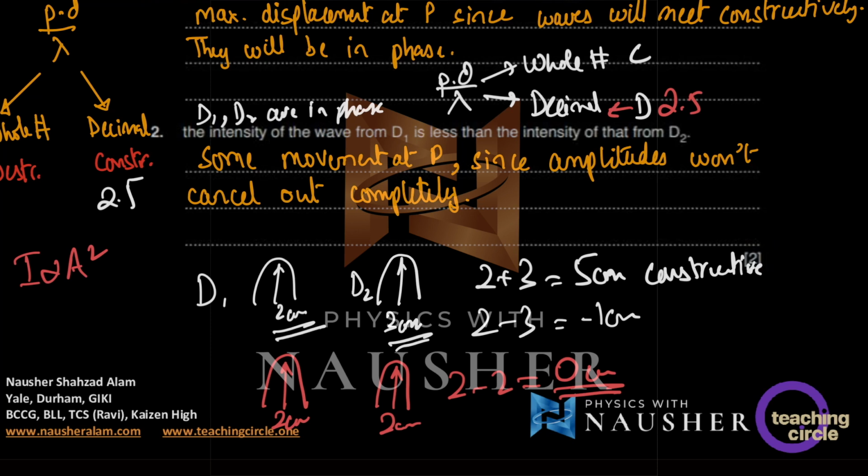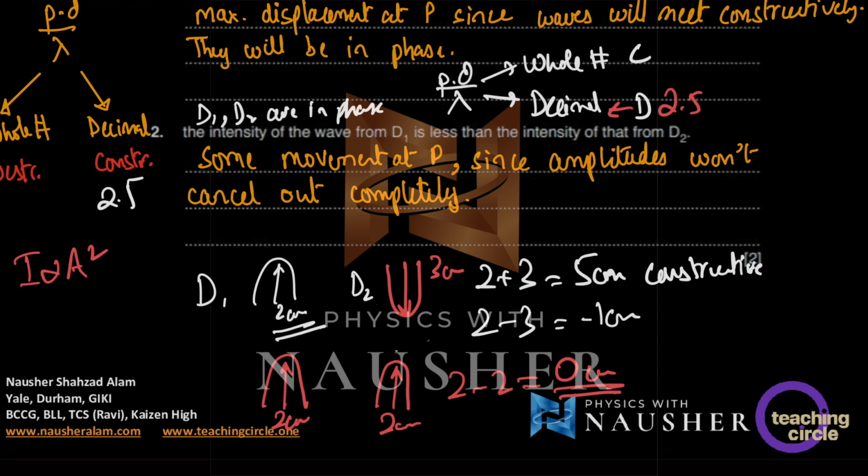But if path difference to lambda ratio is a decimal number, which means it's destructive, then D2 is not pointing in the upward direction. D2 is pointing in the downward direction.